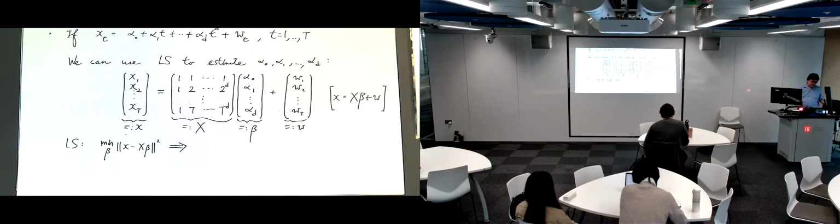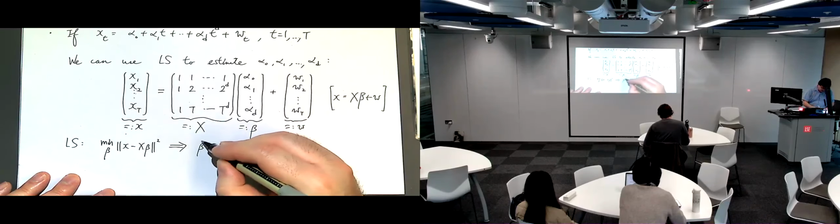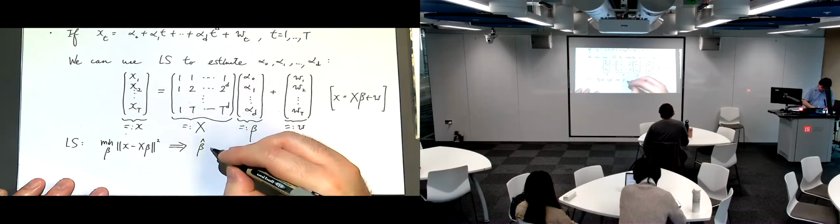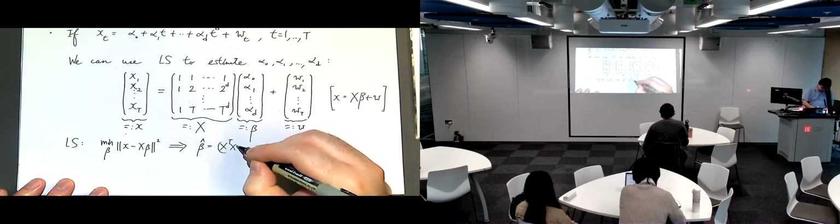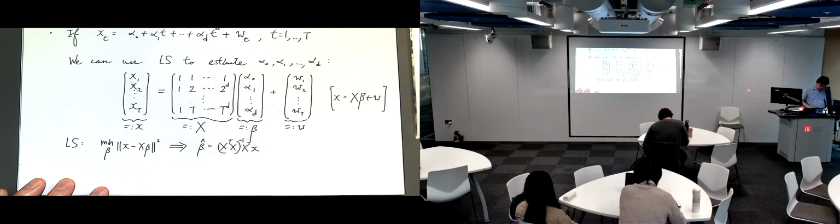Later on you need to be able to derive the least square estimator anyway, so I'll not talk about it here. But for now, remember the answer: the least square estimator has this form, X transpose X inverse X transpose times the response vector x.